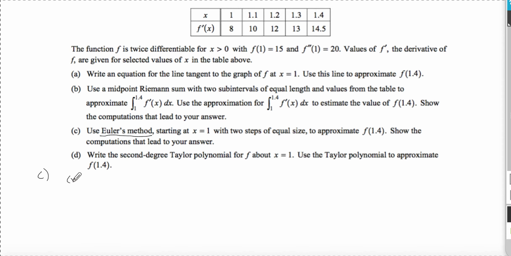So I need to know my point. I need to know my delta x. I need to know my dy dx. That y got a little ugly looking. dy dx.